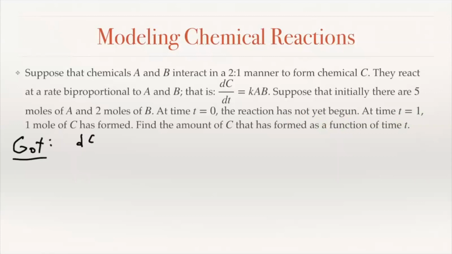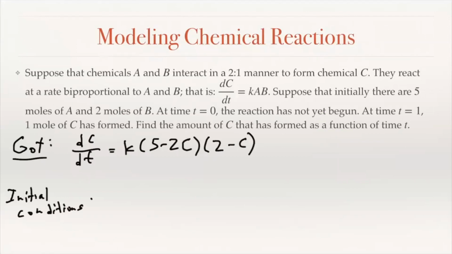We got that dC/dt is K times (5 minus 2C) times (2 minus C), with initial condition C(0) = 0. Initially, the reaction has not yet begun, and after 1 minute, 1 mole of C has formed.